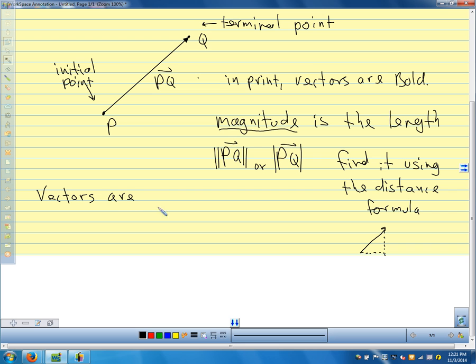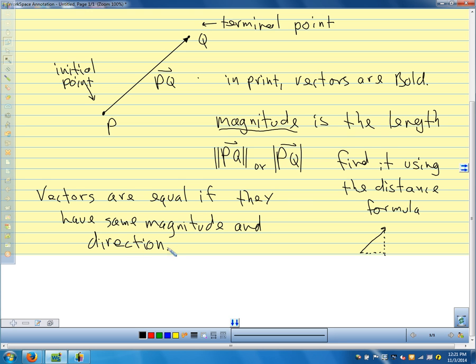Vectors are equal if they have the same magnitude and same direction. So it doesn't matter where they're located, as long as they have the same magnitude and the same direction, we call them equal.